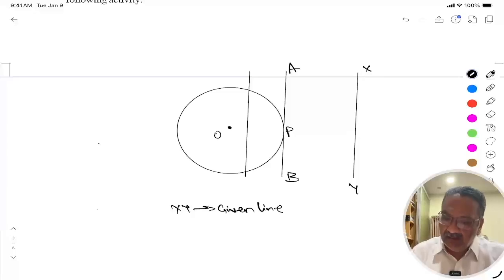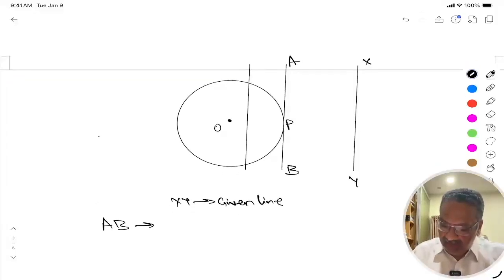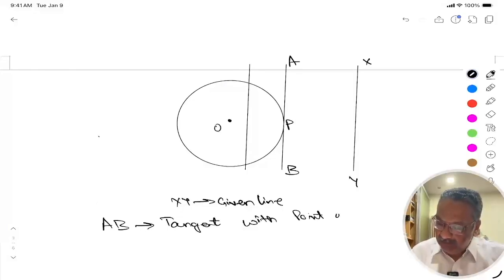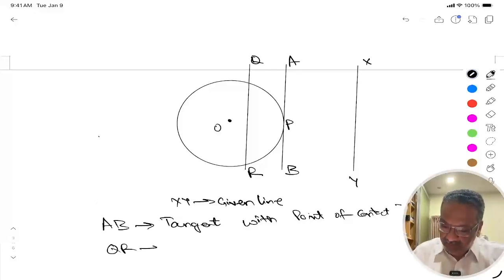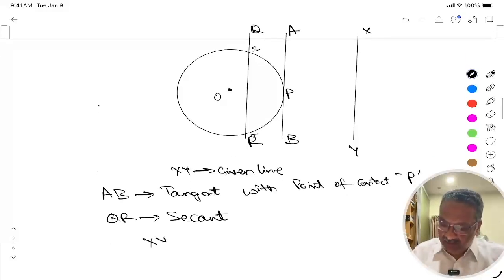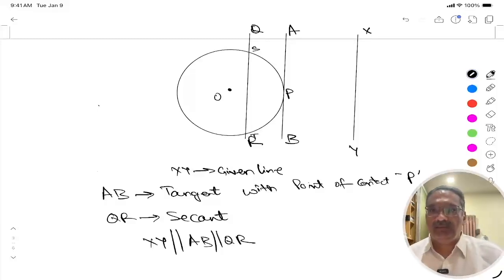AB is the tangent with point of contact being P, and QR is the secant which is touching the circle at, say, S and T. Now XY is parallel to AB and it is parallel to QR. Okay, simple.